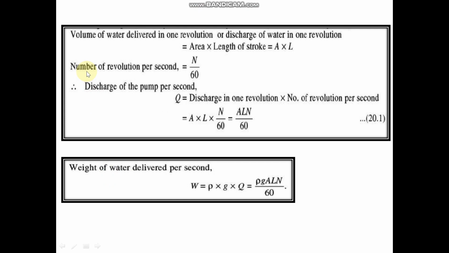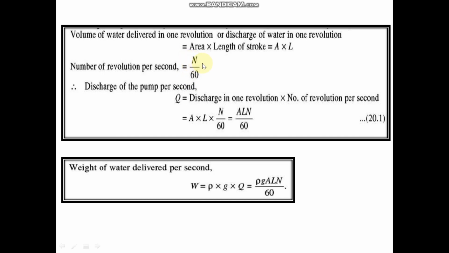Now we'll see the volume of water delivered in one revolution, or discharge of water in one revolution. So volume is nothing but area into stroke length. So A is the area multiplied by L, the stroke length. Number of revolutions per second is equal to N upon 60.